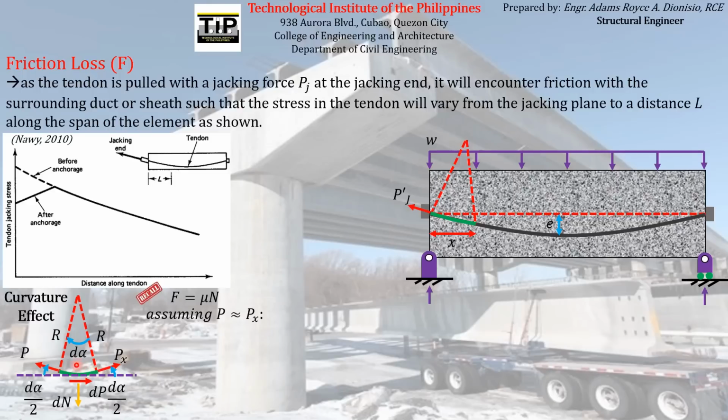Since they are very near from each other, we can assume that they have approximately equal magnitude.